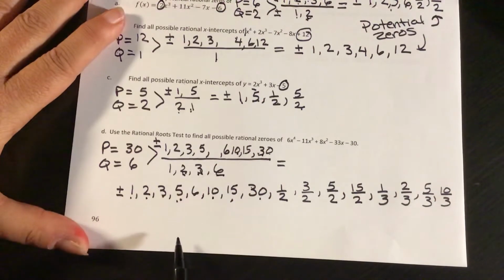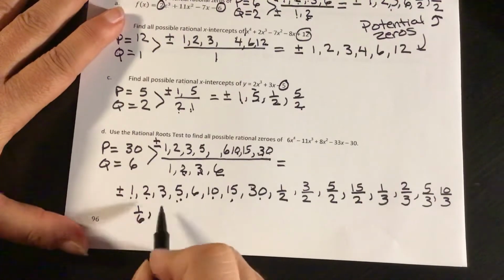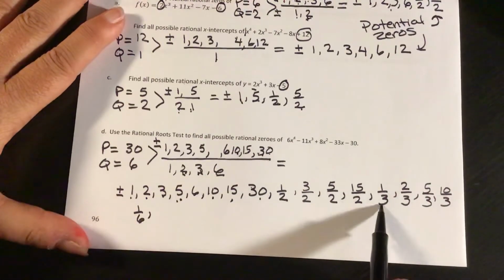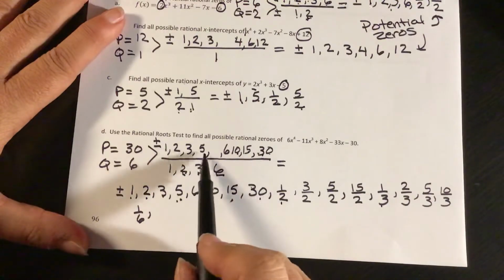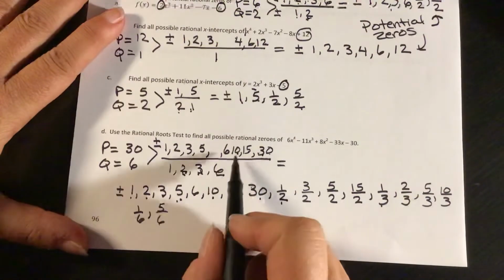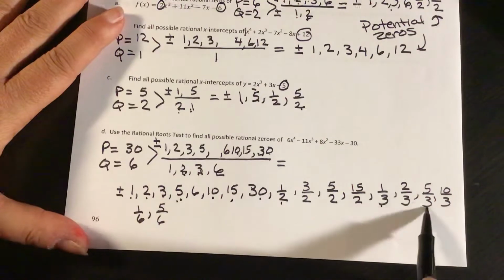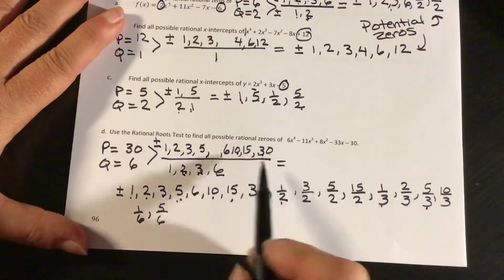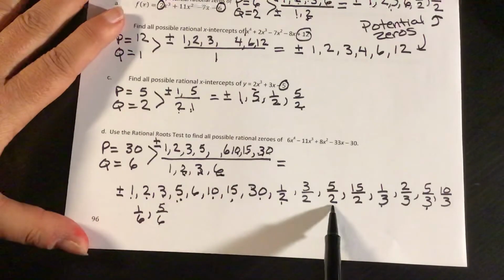Now the last thing is I've got to divide by 6. So I have 1 divided by 6, 2 divided by 6 is 1/3, 3 divided by 6 is 1/2, 5 divided by 6, 6 divided by 6 is 1, 10 divided by 6 would be 5/3, which is here. 15 divided by 6 would be 5/2, which is here.